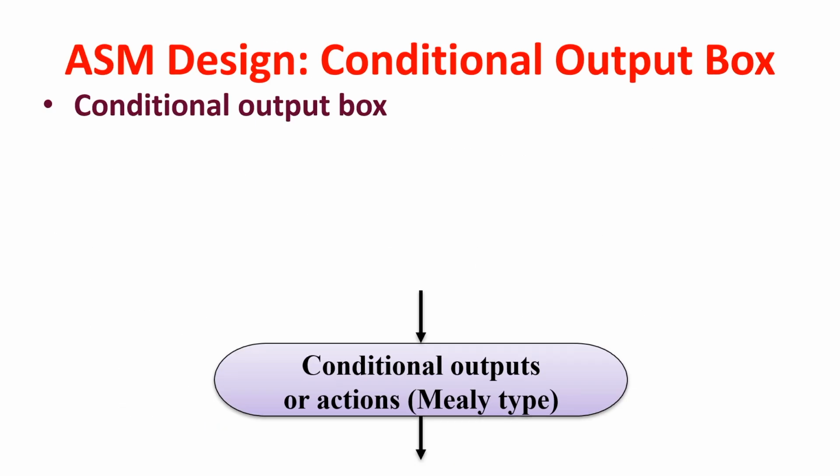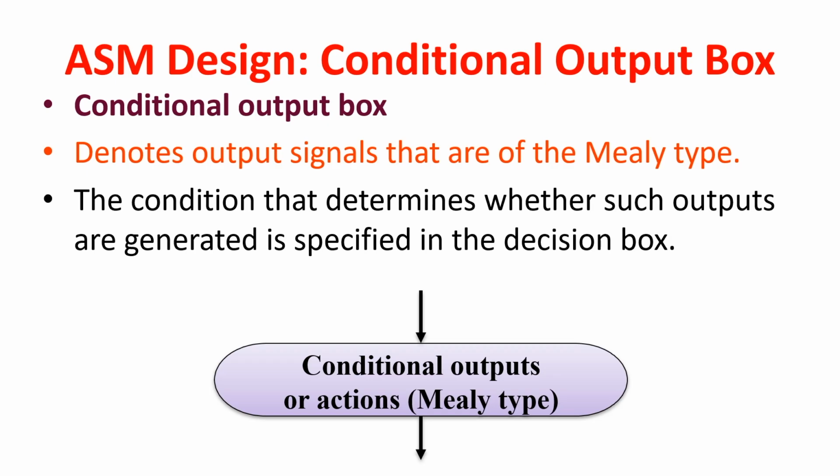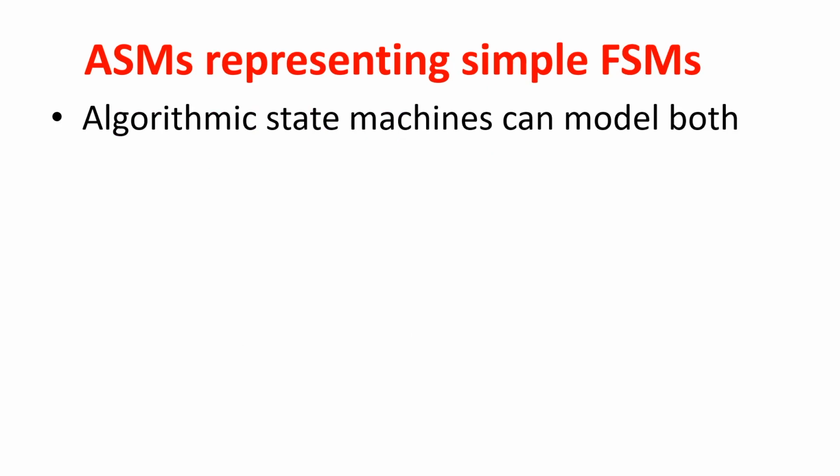This is the conditional output box. It denotes outputs that are Mealy type, and the condition that determines whether such outputs are generated is specified in the decision box. It is useful to model Mealy type machines. ASM represents simple FSM.